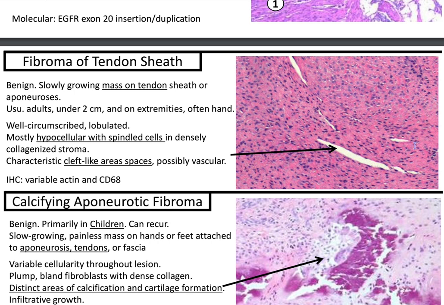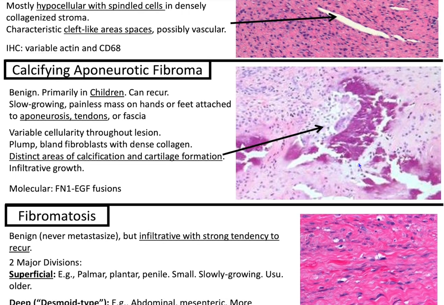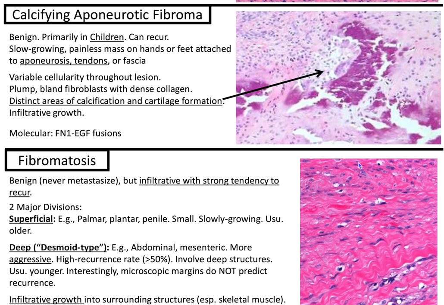Fibroma of tendon sheath, you'll have a slow-growing mass on tendon that's hypocellular with spindled cells and cleft-like spaces. Calcifying aponeurotic fibroma, often in children, in the aponeuroses or tendons, you'll have areas of calcifications and cartilage formation.